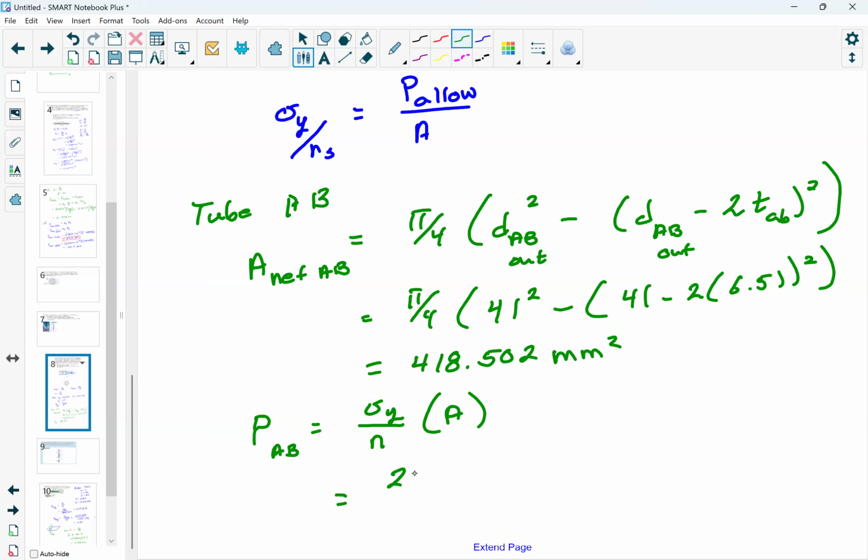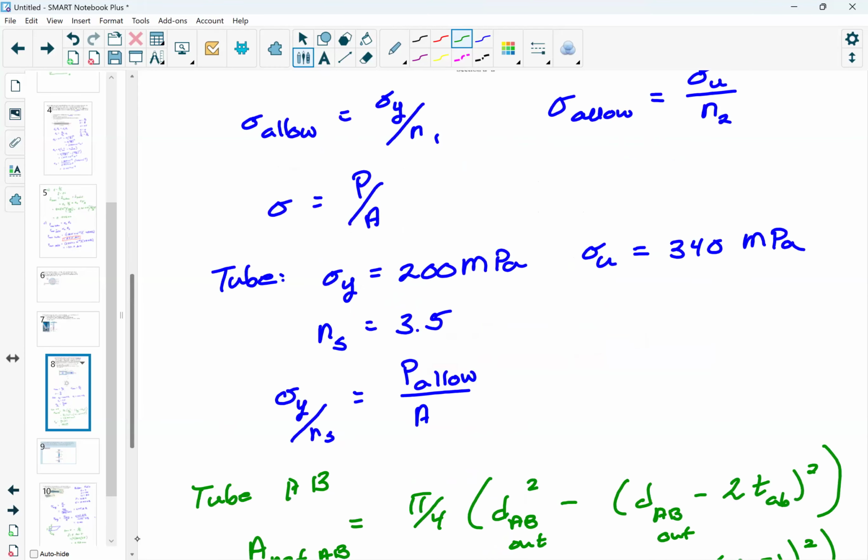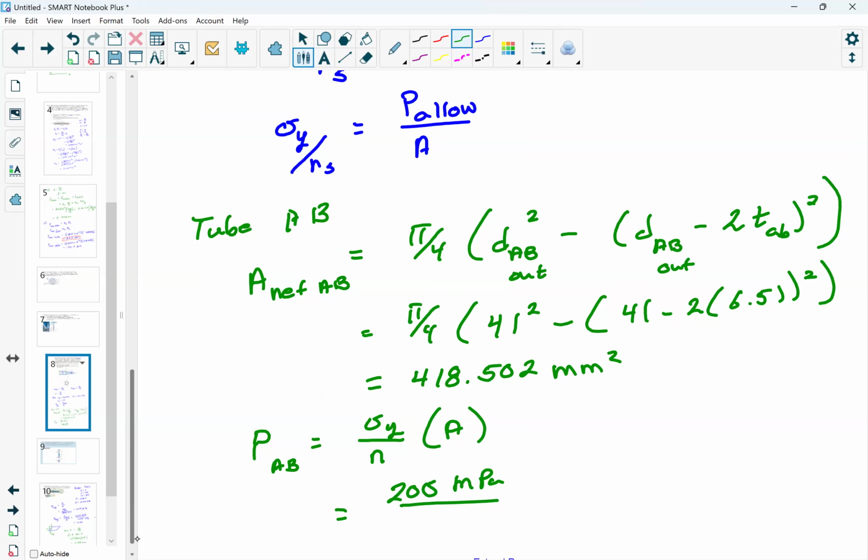So this is going to be 200 megapascals, divided by the safety factor we're given for the yield strength, which is 3.5, times the 418.502 millimeters squared.